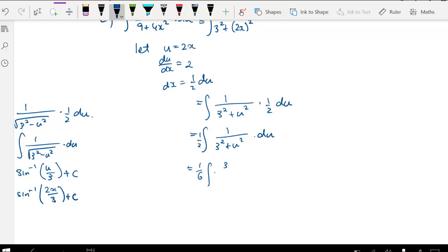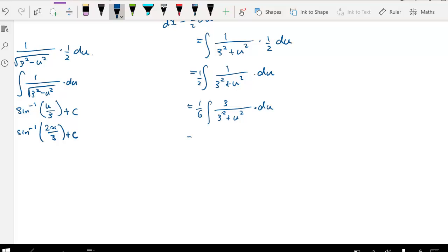Multiply by 3, we get 3 over 3 squared plus u squared du, and now we're in the right form. Now we can say it's 1/6 arctan of u on 3 plus c, where u is actually equal to 2x, so we've got 1/6 arctan 2x on 3 plus c.